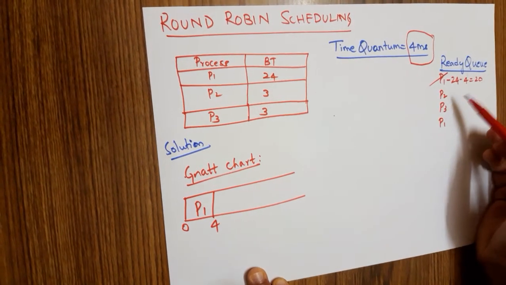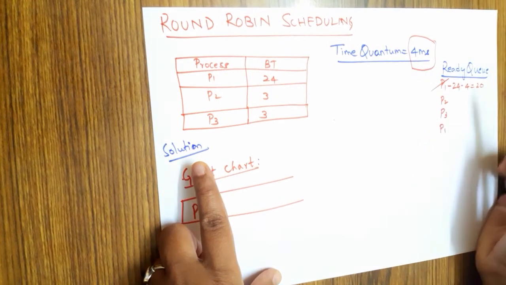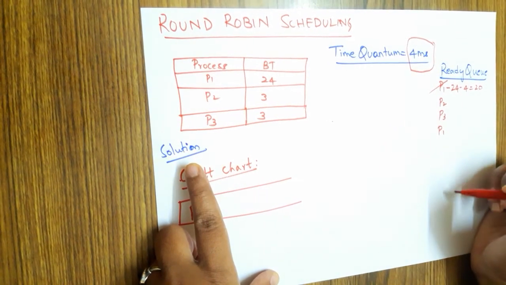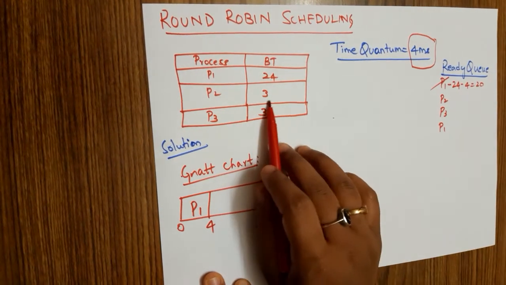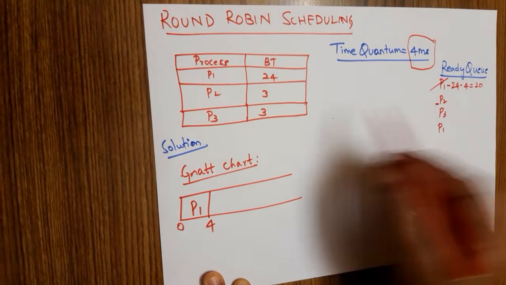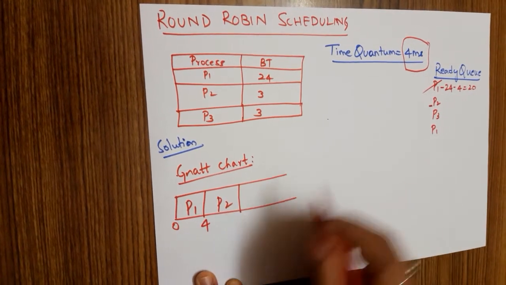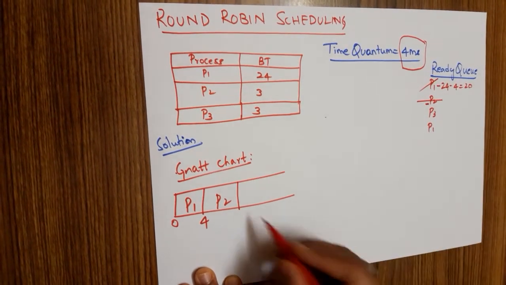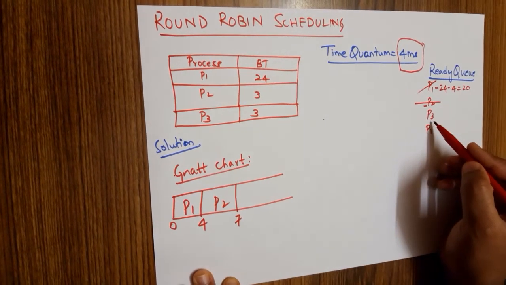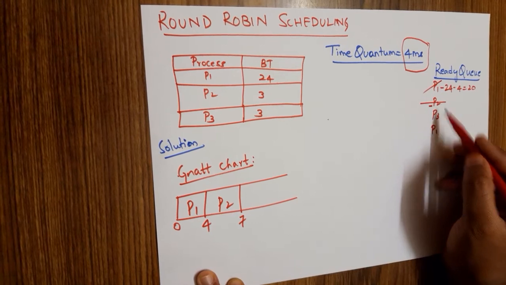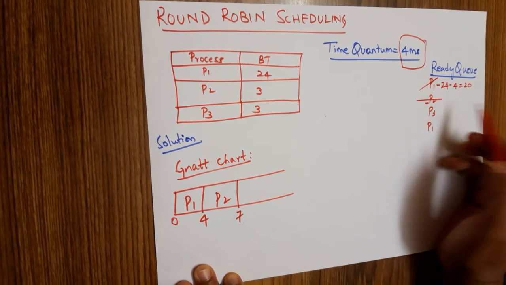Now process P2's burst time is 3, so it will execute completely and go away. That is 4 plus 3 is 7. Since it has completed, I am not adding it to the ready queue.